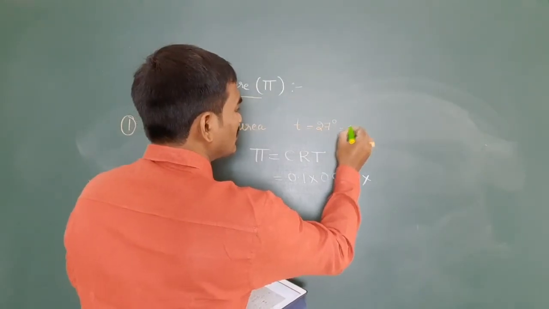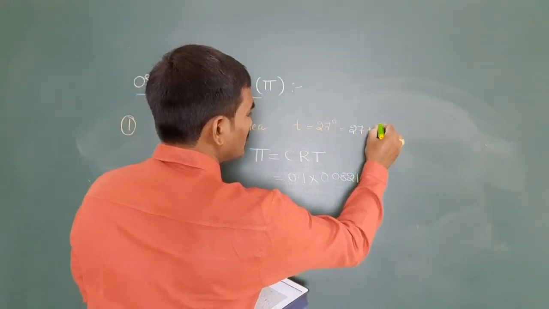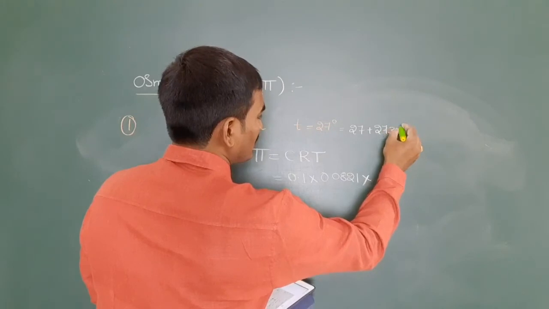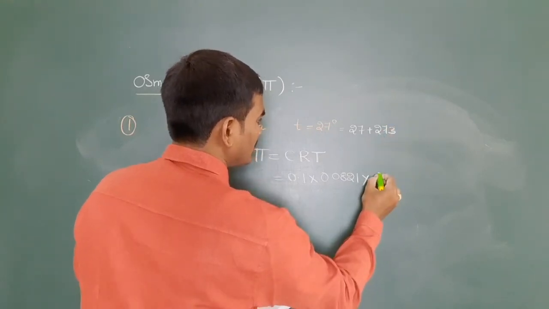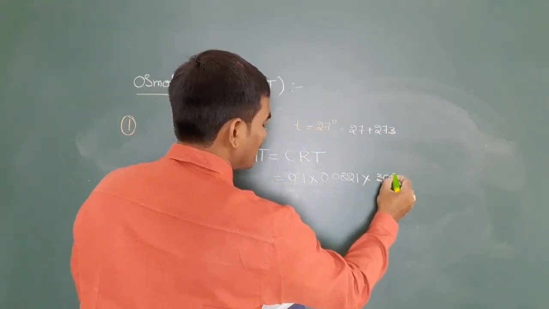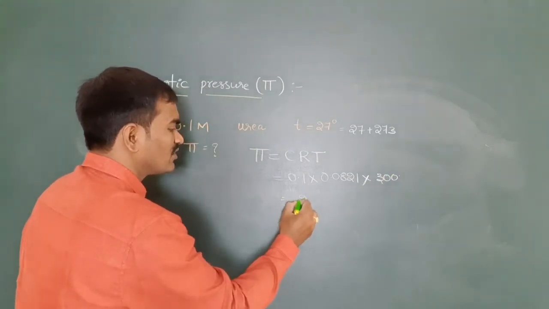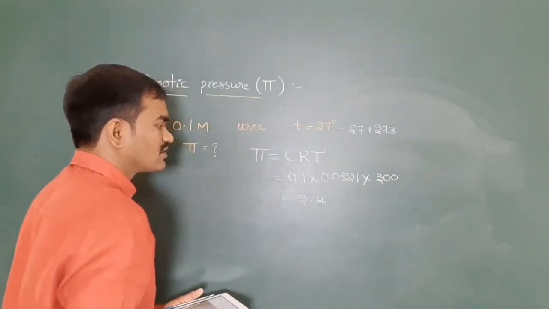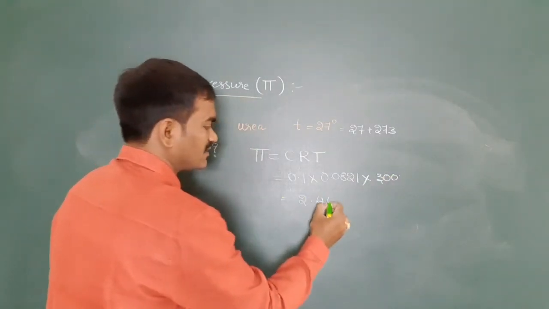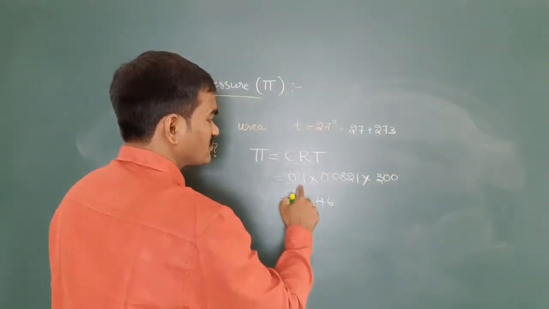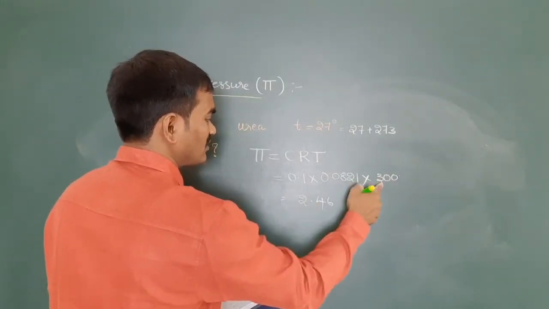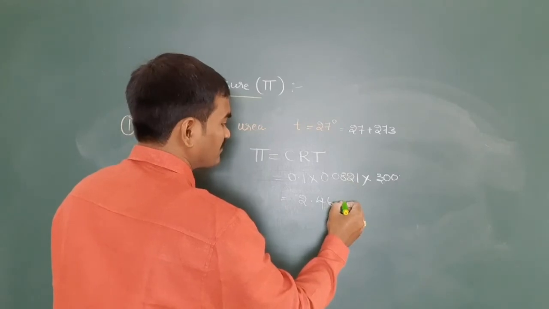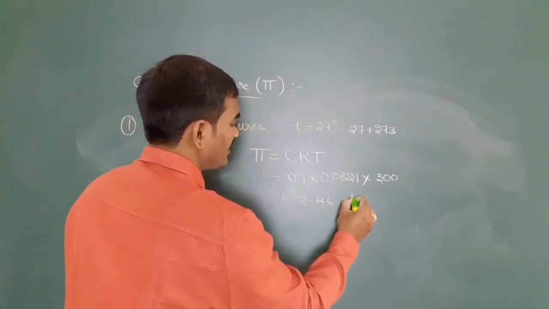Kelvins means 27 plus 273, so total 300. By multiplying this, you will get 2 point something, 2.46. The unit is pressure, atm.